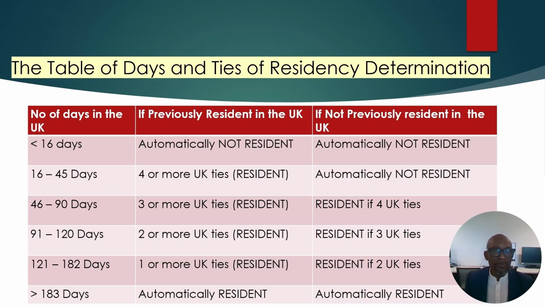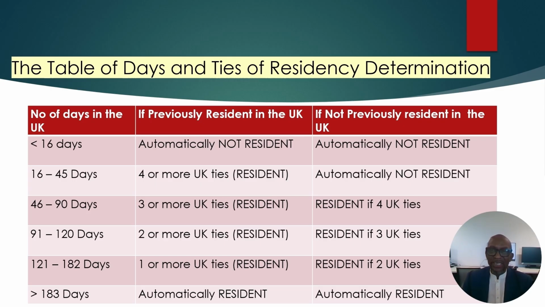Now, this is a table of days and ties for residency determination. So the first column is the number of days, which is used in conjunction with the ties. So if row 1, less than 16 days in UK, the second column, previously resident in UK, you are automatically not resident, doesn't matter.